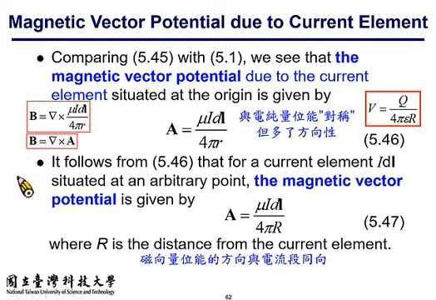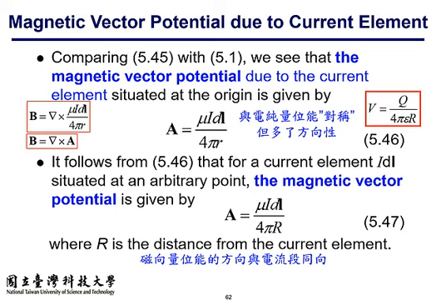The last thing is to compare the magnetic vector potential and the electrical scalar potential we have here. You see, they are similar. They are functions of EM properties, mu and epsilon. They are inversely proportional to the distance r. They are proportional to the amount of source, I and Q. What is the difference?